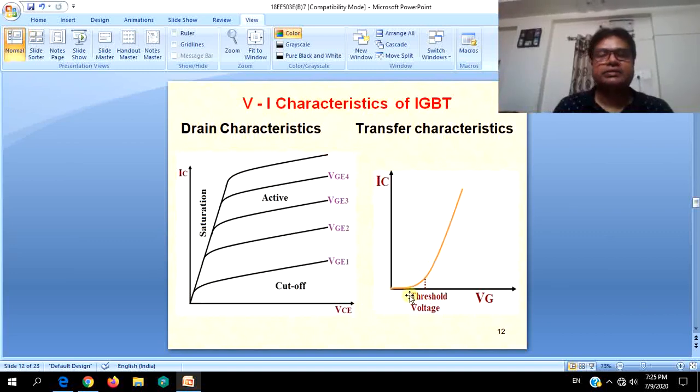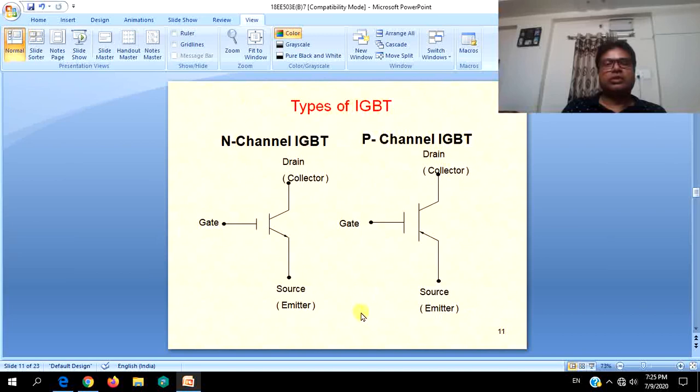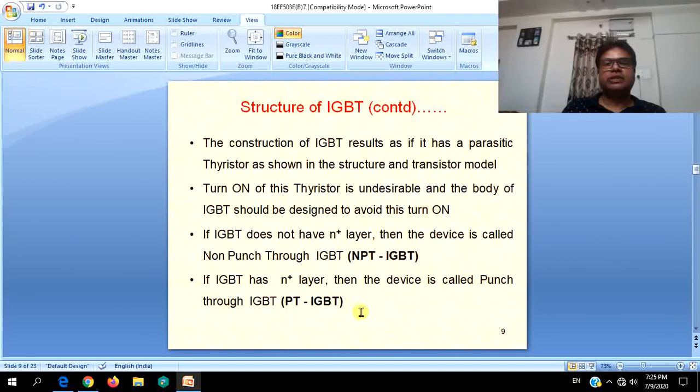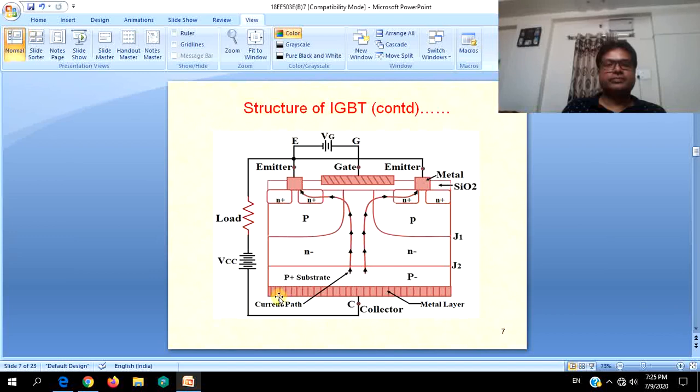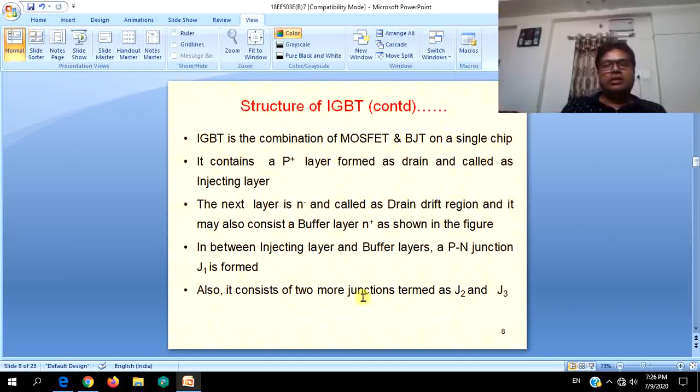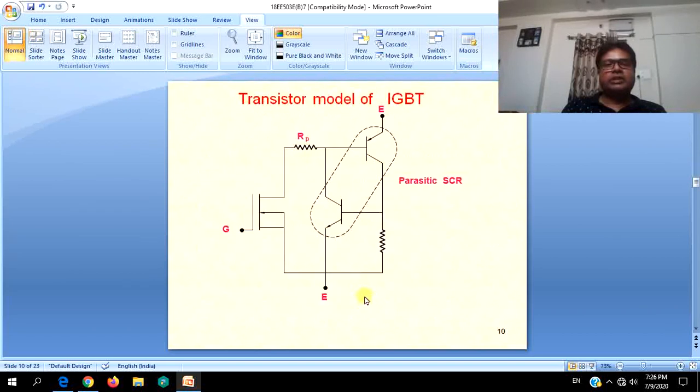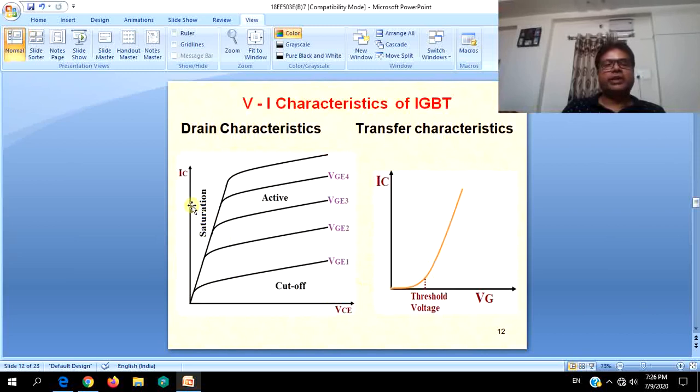When it comes to VI characteristics of IGBT, it is quite similar to other transistors, but current gain is better and more. We draw the characteristics between the applied voltage between drain to source, or VCE, or call it as VCC, and plot the collector current, or the actual current flowing from emitter to collector, for different gate voltages.